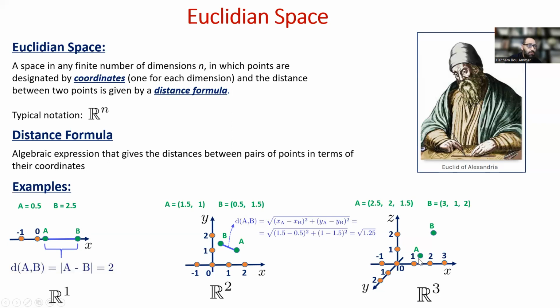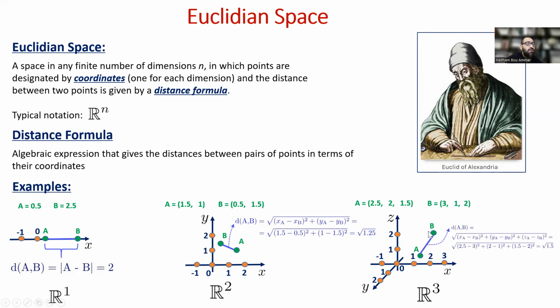So that's, for example, point A. It moves 2.5 in the x coordinate. It goes 2 in the y coordinate. And then it goes up 1.5 in the z coordinate. And the point B, for example, will go 3 steps in the x coordinate, 1 in the y coordinate, and 2 in the z coordinate.